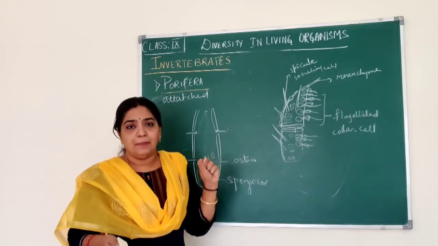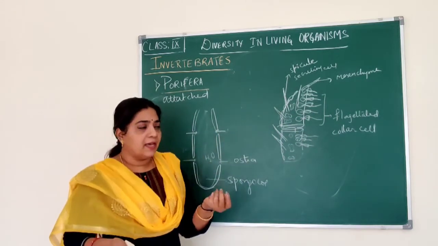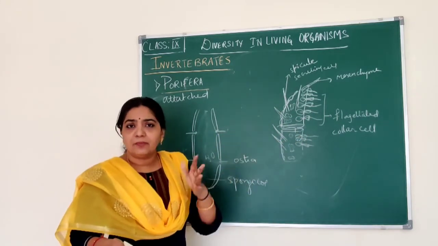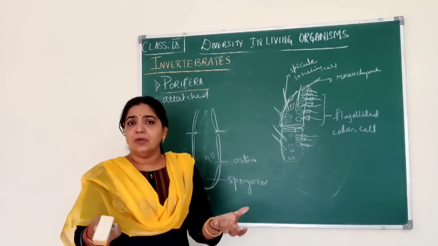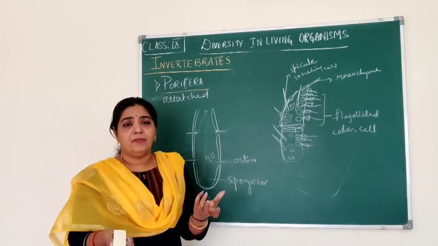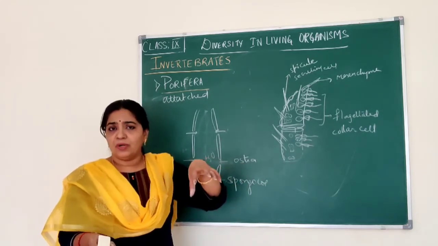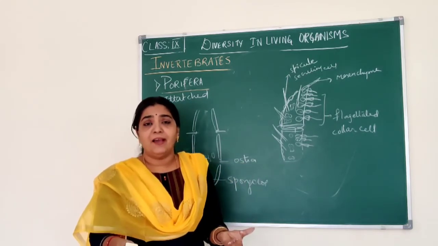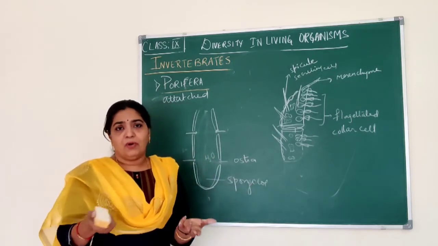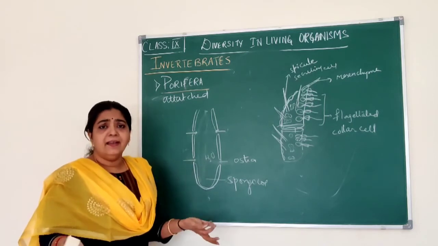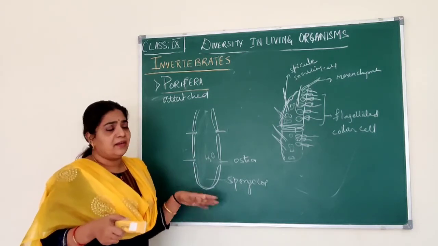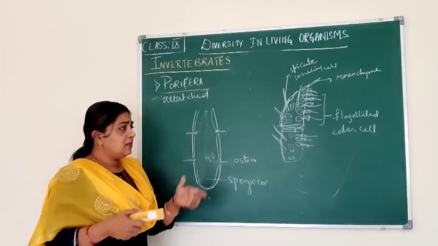It will trap those tiny organisms, take them inside, and digest them. Even oxygen is diffused with the help of diffusion, since the water carries oxygen. Waste is also secreted into the water, and the water is thrown out.